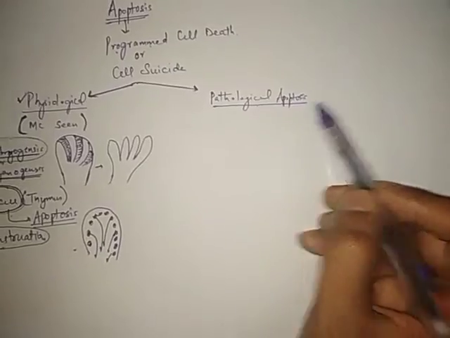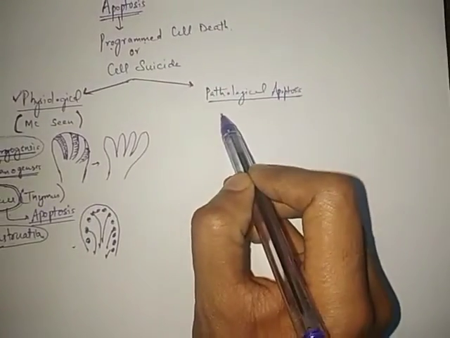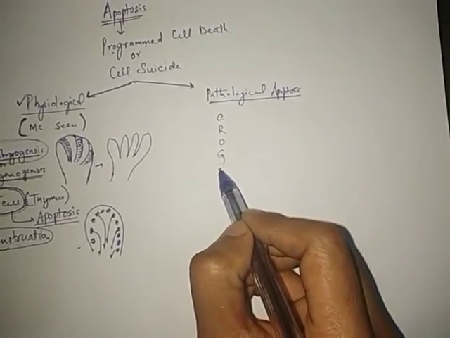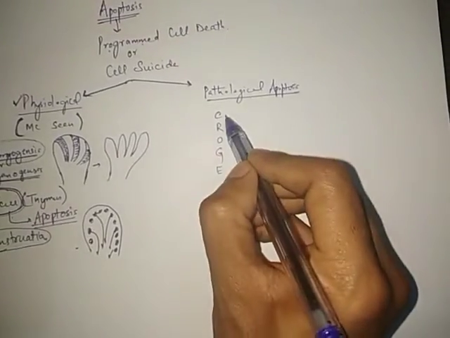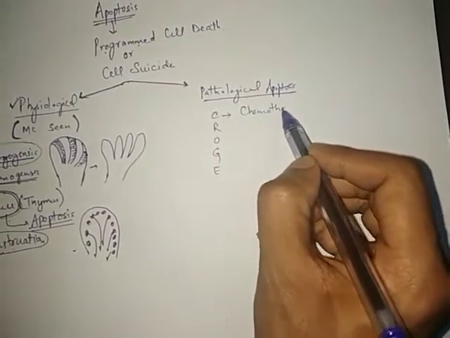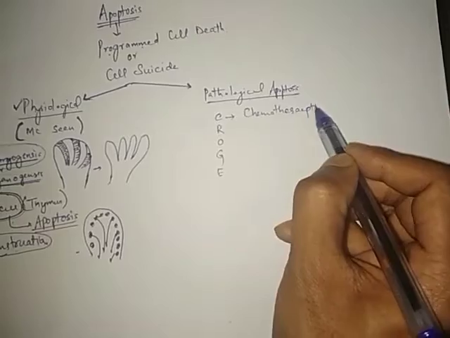And what are the conditions in which we see pathological apoptosis? You can remember it by a mnemonic. It is seen with the use of chemotherapeutic agents like anti-cancer drugs.